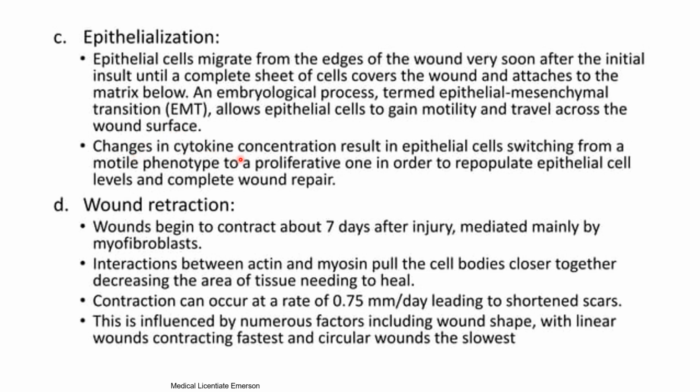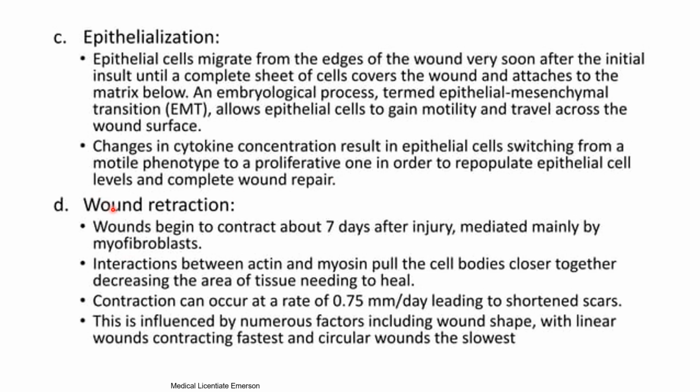Then changes in cytokine concentration result in the epithelial cells switching from a motile phenotype to a proliferative one in order to repopulate epithelial cell levels and complete wound repair.